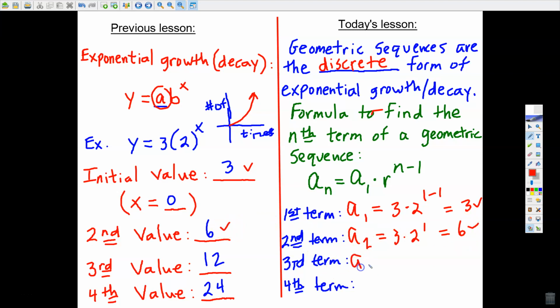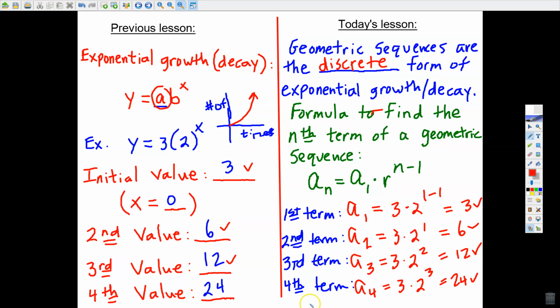To find the third term in this list, we would have the first term times r to the n minus 1. n is 3 in this case. 3 minus 1 is 2. So 3 times 4 is 12. Third term, third value as our output. And then the fourth term, a sub 4, first term times r to the third. 2 to the third is 8. 8 times 3 is 24.